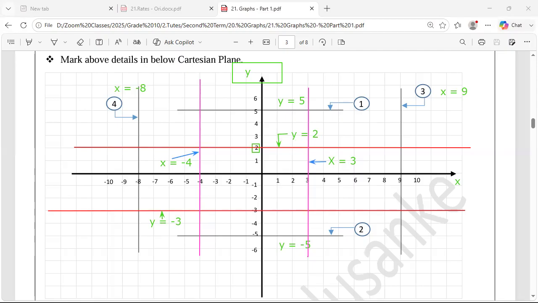All these have been marked successfully. Yes or no? Done. Tell me. Okay. Right. Let's do one thing and let's find out the concept.